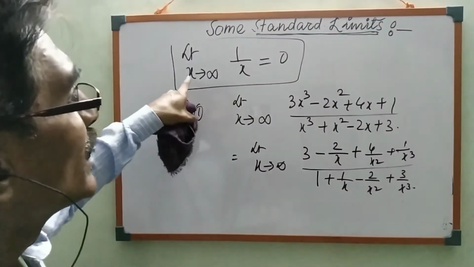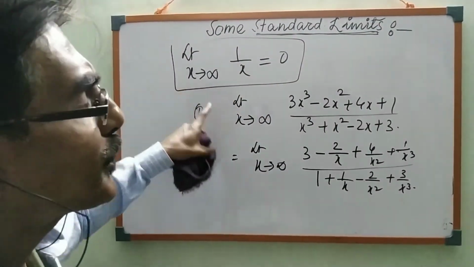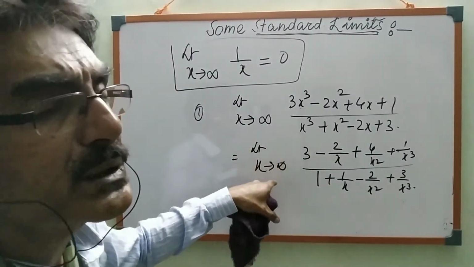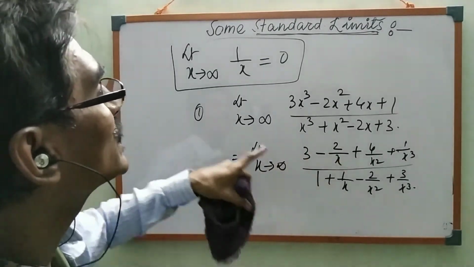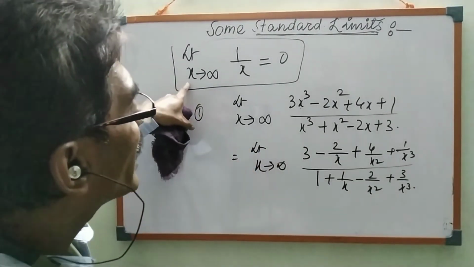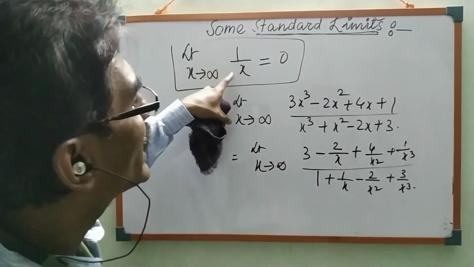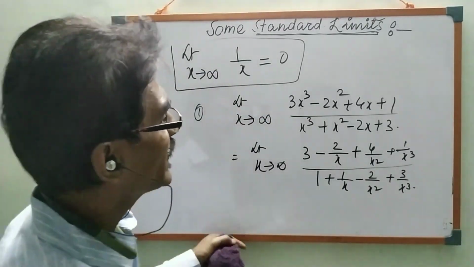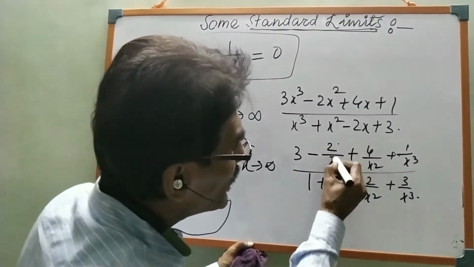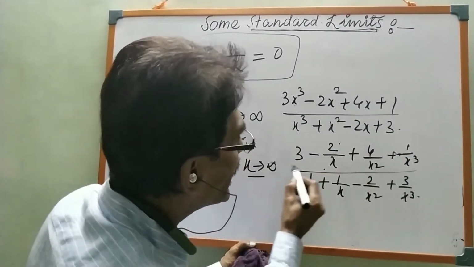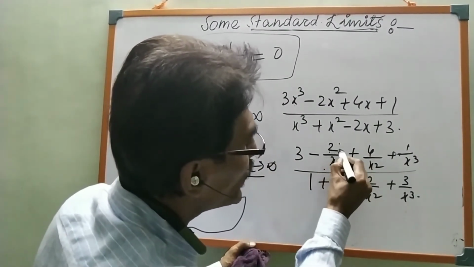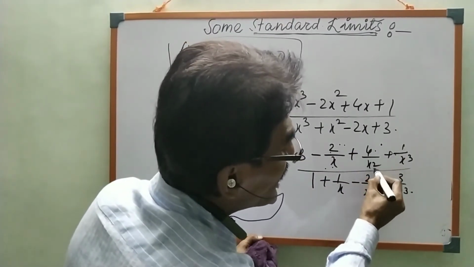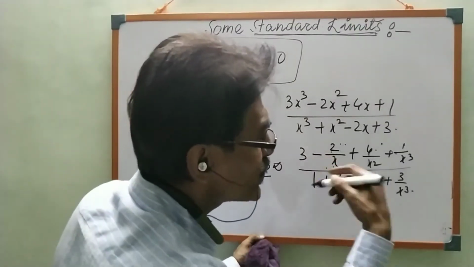Now, you see, when limit, and you know the property, when plus, minus, and division, the limit will be distributed with all the functions individually. That's why limit x tends to infinity 1 by x, our formula, the answer is 0. You see, if I use this 1 by x part with the limit, the answer will be 0, because 2 into 1 by x, yeah, 4 into 1 by x whole square is also 0.